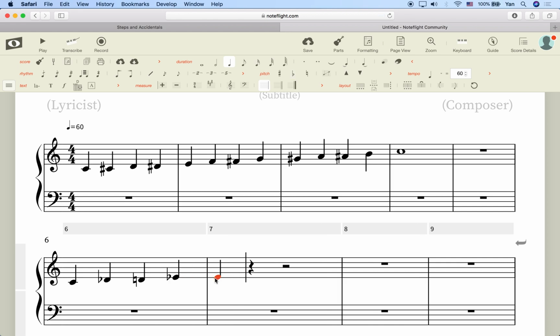So I won't have to write an accidental to this because by default, every note that I wrote on the staff is going to be natural unless I write an accidental in front of it. And because we're in a new bar now, this is E natural and I don't have to change it.